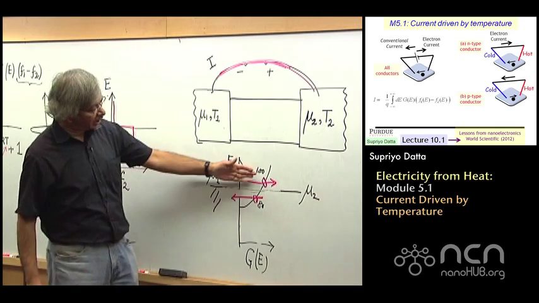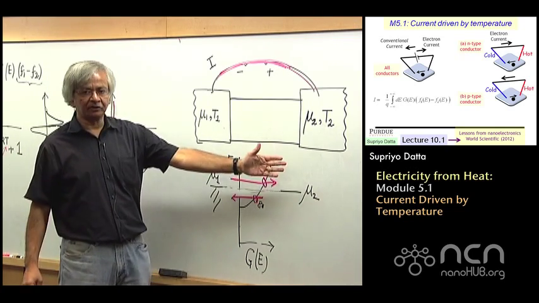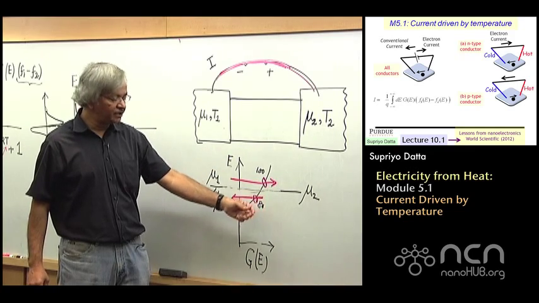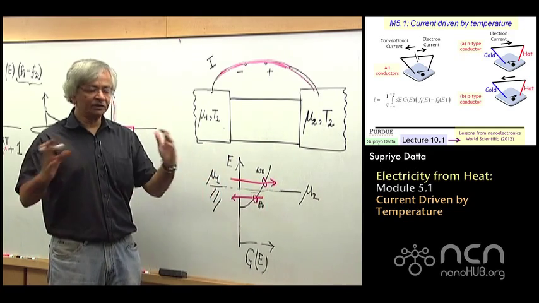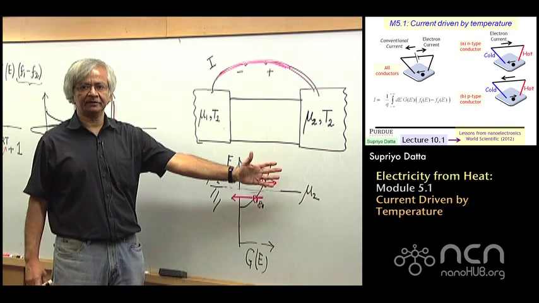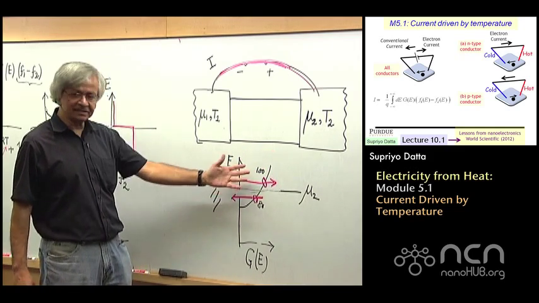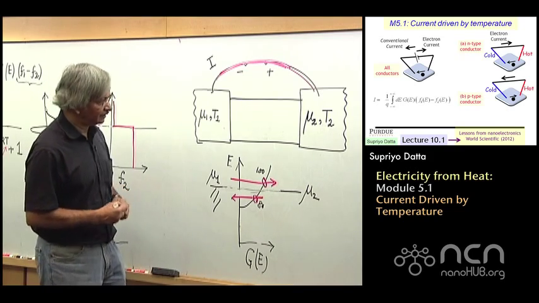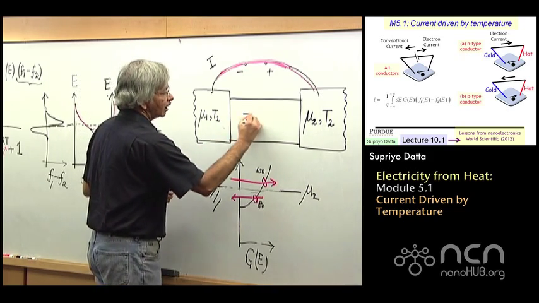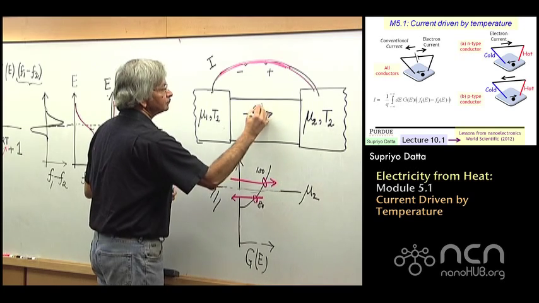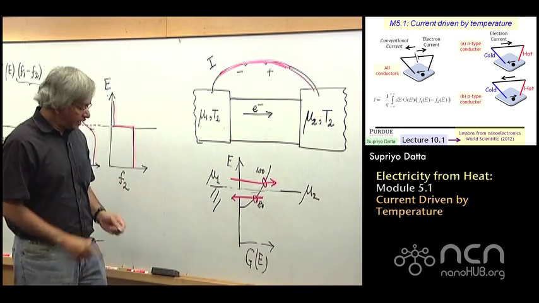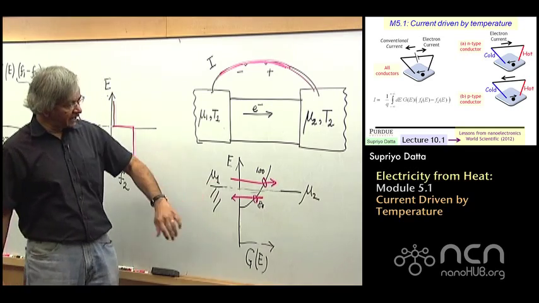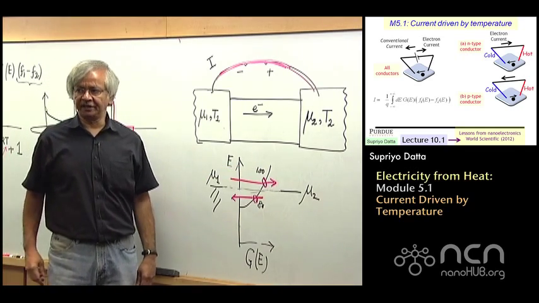So in that case, there would be 100 states where you would have electrons going from left to right, another 80 where it goes from right to left, giving you a net flow from left to right. So in this circumstance, you would actually have a net current, net electron flow from hot to cold. And this is what you'd expect if you had a density of states like this.